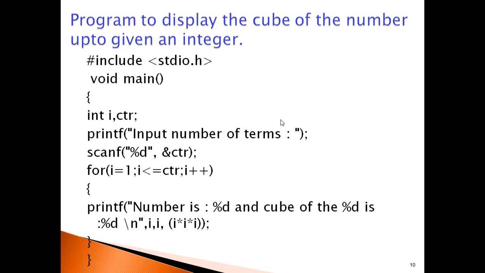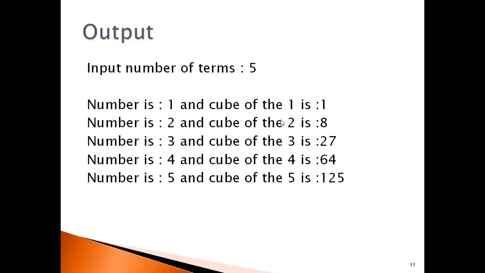The i value is incremented. Again the second number, it prints the cube of that second number. The i value is incremented. This process is repeated. The expected output is, if you entered 5: number is 1 and cube of the 1 is 1.